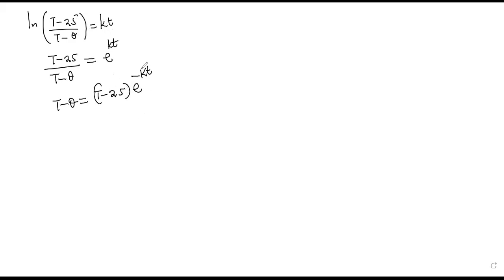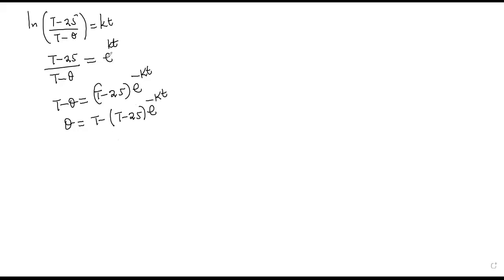So if we are interested in theta only, theta will be equal to T minus T minus 25 times e to the power negative kt. If you're having any problem here, you can let me know.